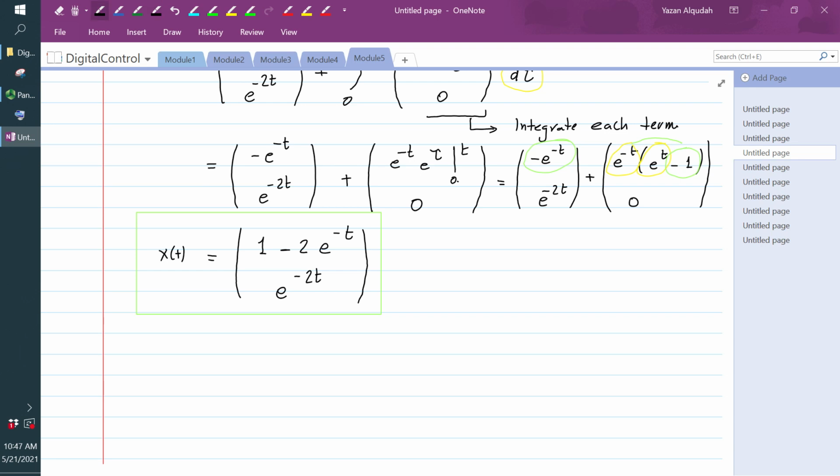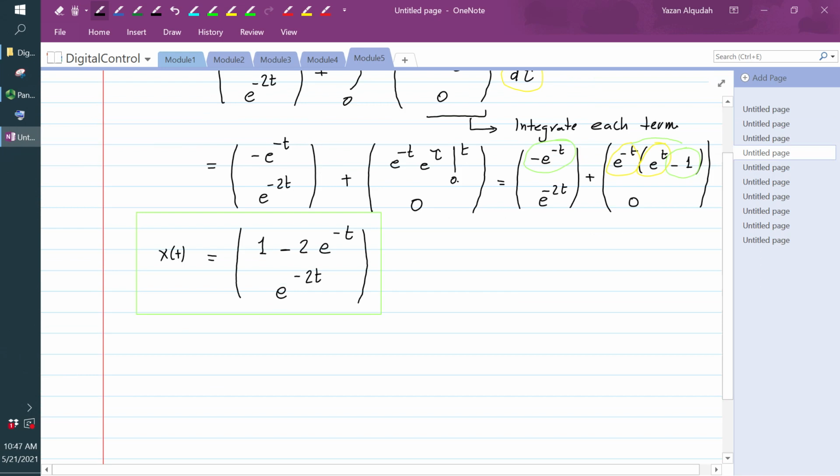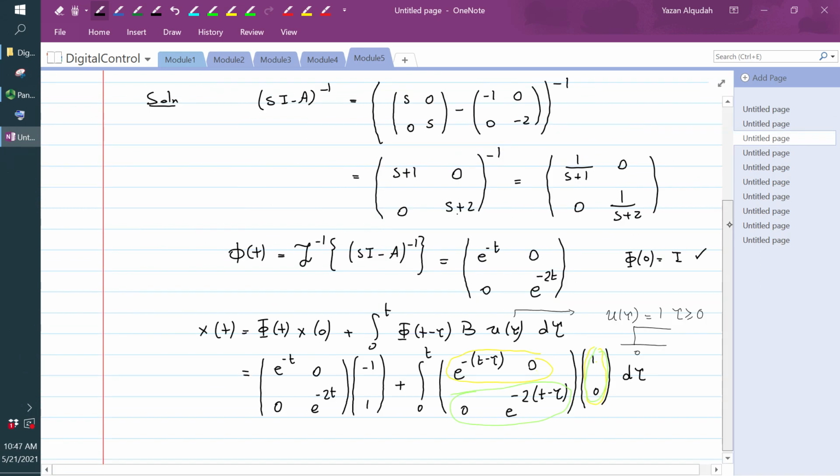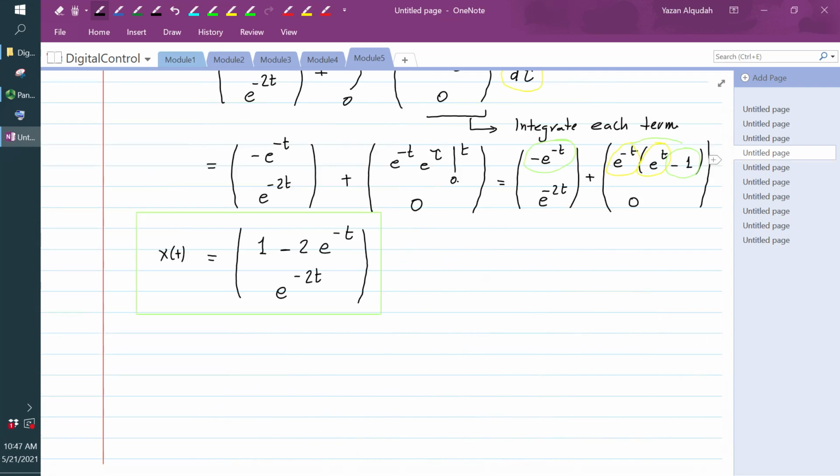Now what we want to do is calculate the output. How do we calculate the output? We come back to the equation. Here, I know y is equal to C multiplied by x. So therefore, I have x, I can calculate y.